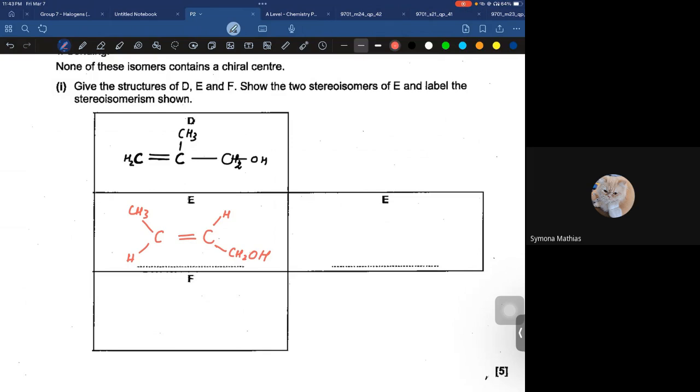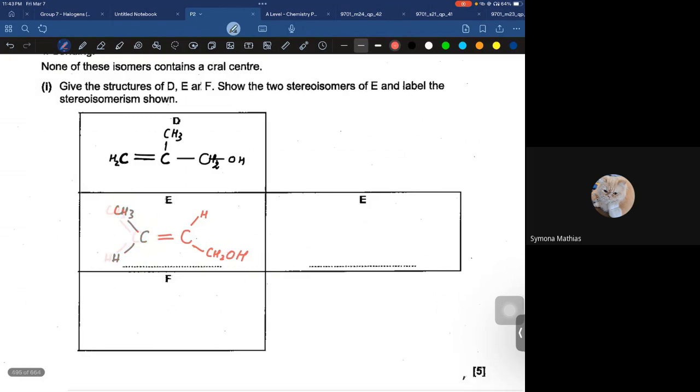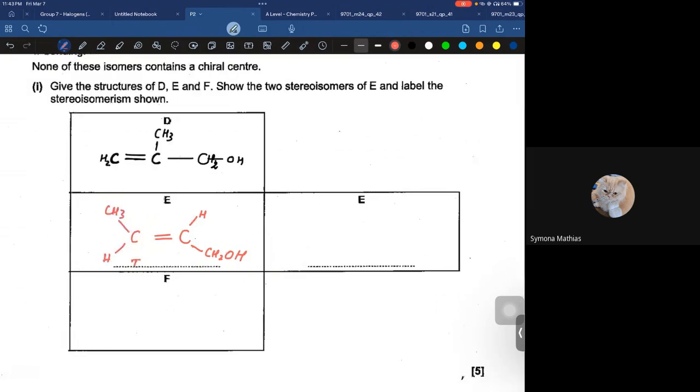So why is it going to give you cis-trans isomer, or you can say the geometrical isomer? Because you have a double bond and the different groups are attached on the same carbon atom. That's why. Okay. So this is the trans. Why is this trans?